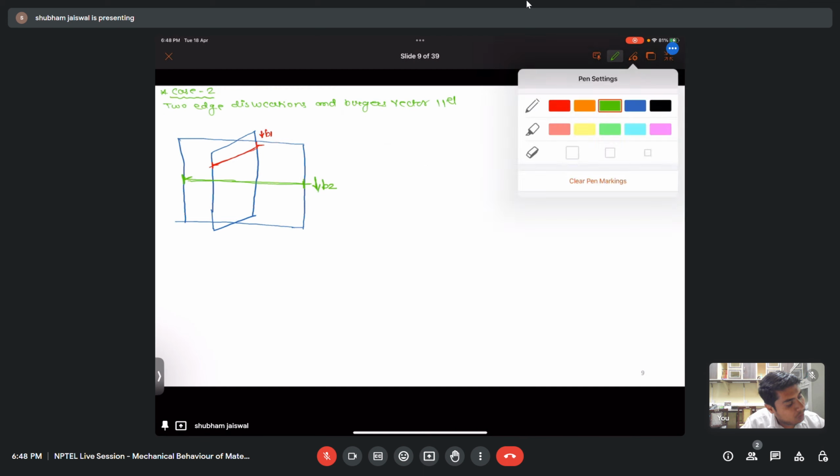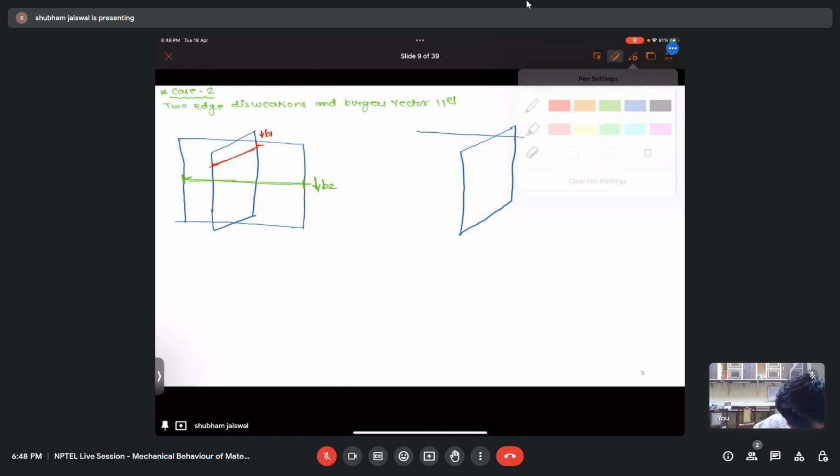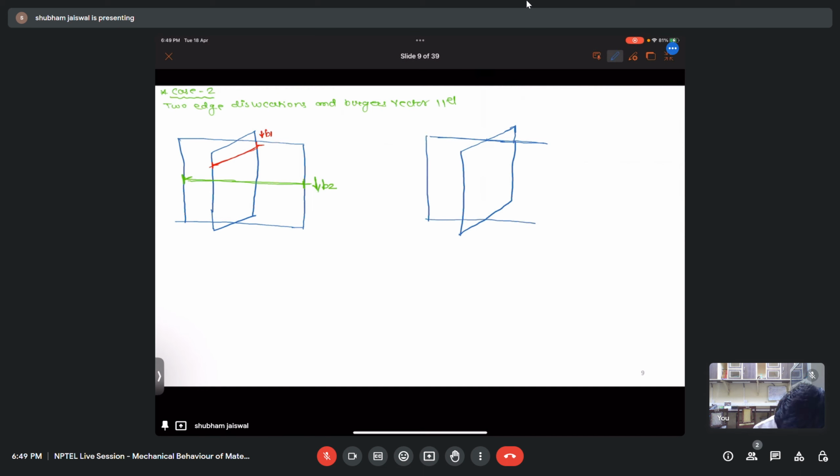So how will these two intersect? Okay, so here you can see this Burgers vector 1 will create a step in the second dislocation.